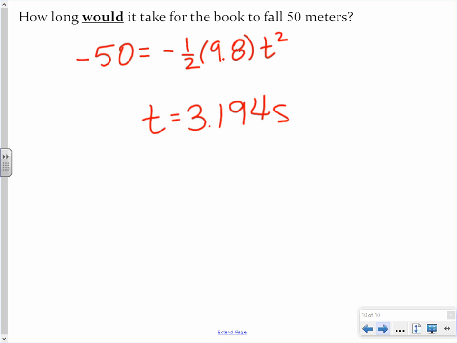Now, this one was nice because we only had negative 1/2 g t squared as our position. If our position equation had an initial position and an initial velocity, and we had to set that equal to a height, what would we have to use to solve it?